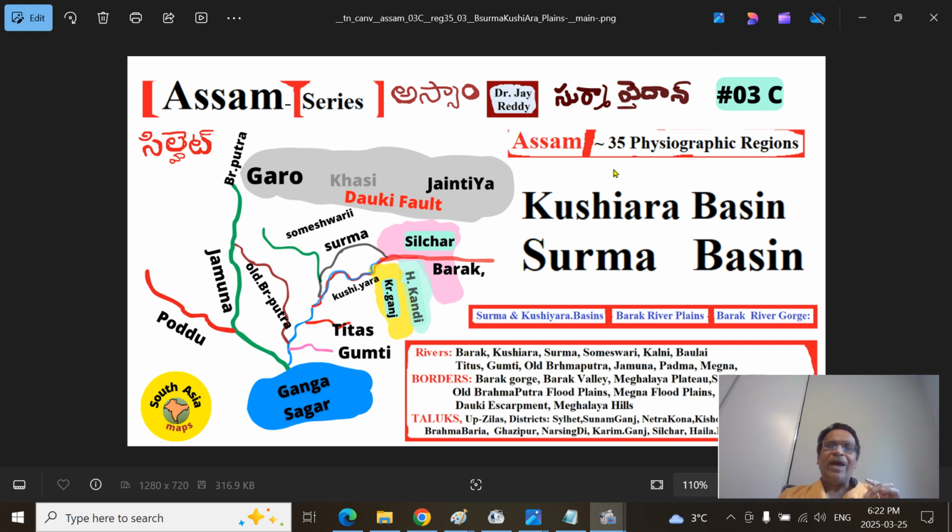I have selected today the Surma River Basin and Kushiara River Basin, which are the bifurcations of Barak River. These two are the upstream streams of the Meghna River. After this presentation, we will get a bird's eye view of that.